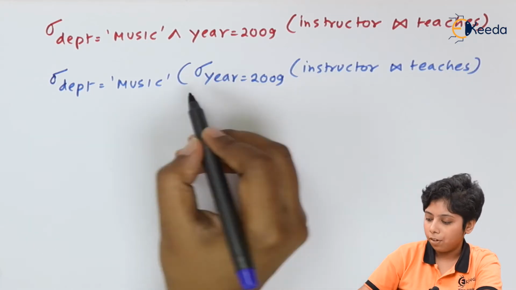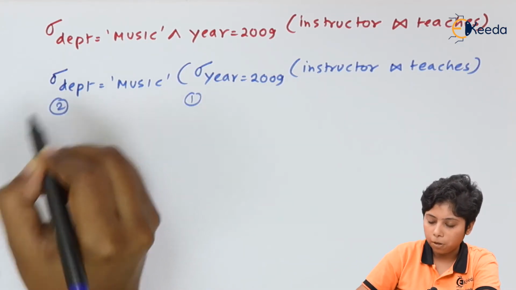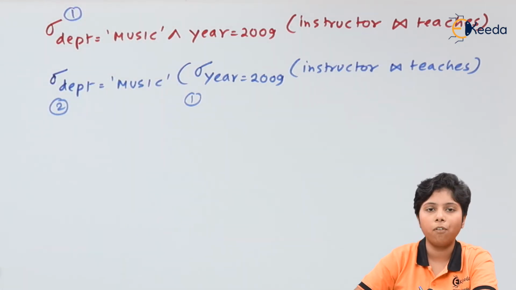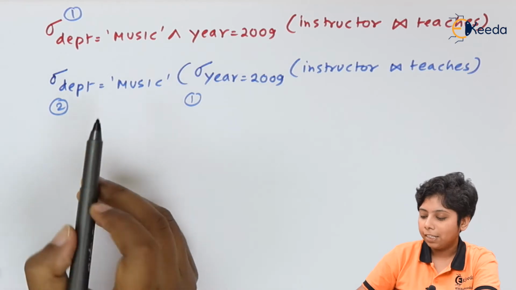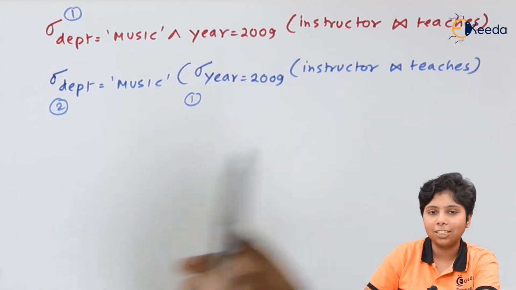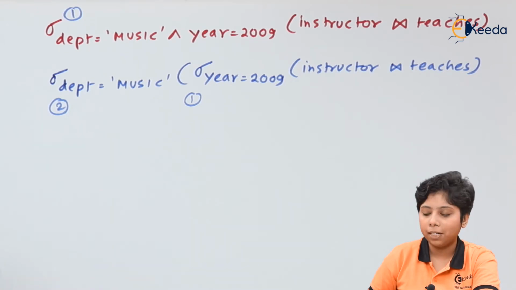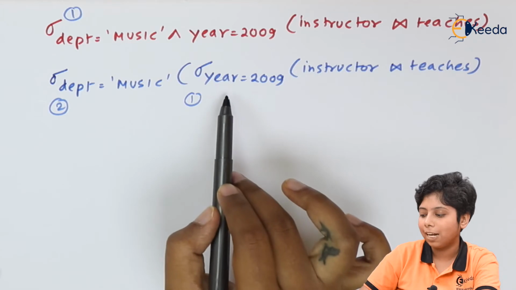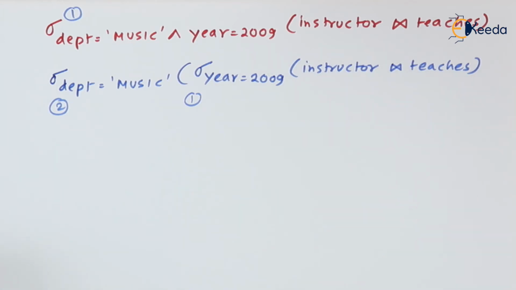And here we have 1 and 2 intermediate operations, while here we have only 1 intermediate operation. Now we can even write that the department belongs to the instructor relation and the year belongs to the teacher's relation. So we can make the selection on the department on the instructor joined with the selection on the year on the teachers.